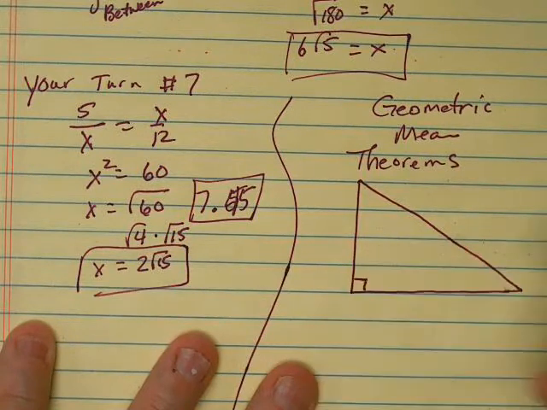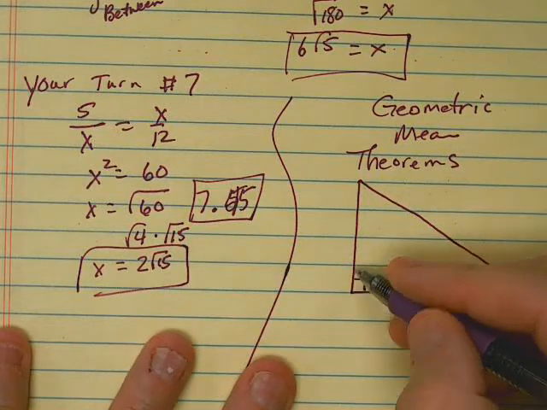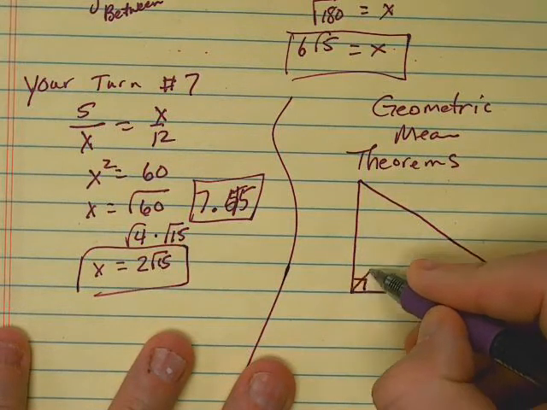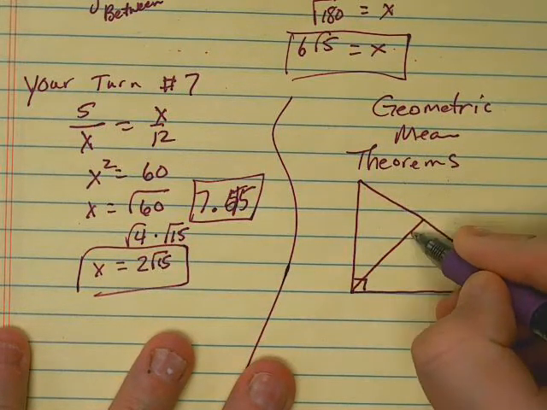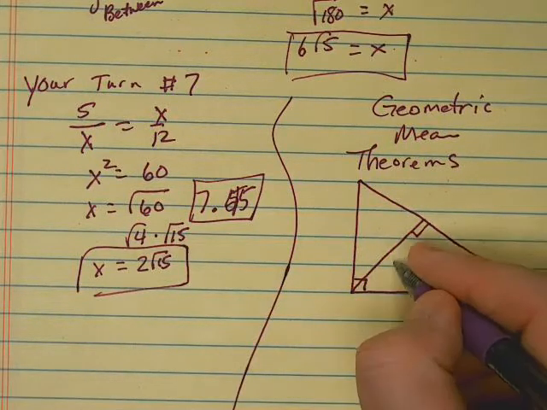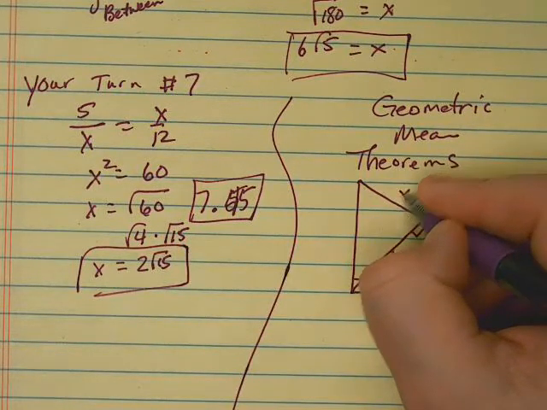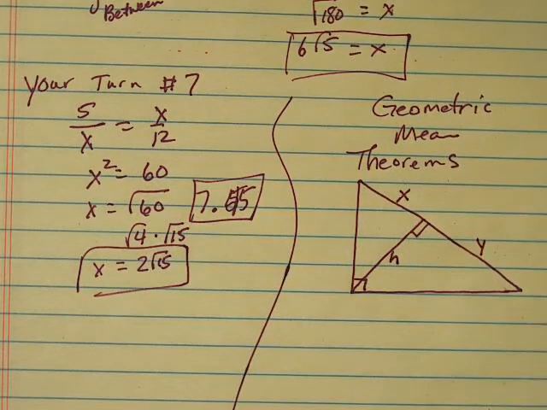We have a right triangle. If we draw in what is called the altitude, it is perpendicular to the opposite side. Let's call that H. It creates two segments, called X and Y.